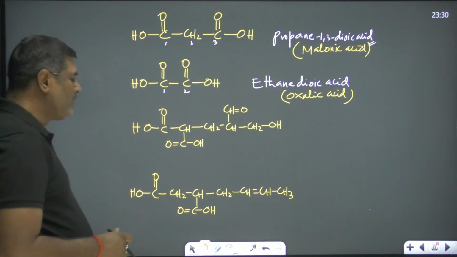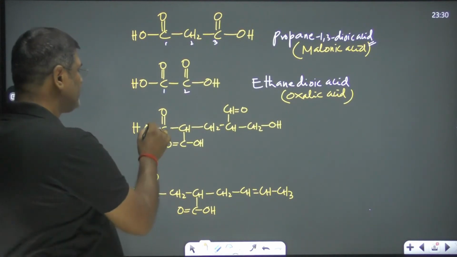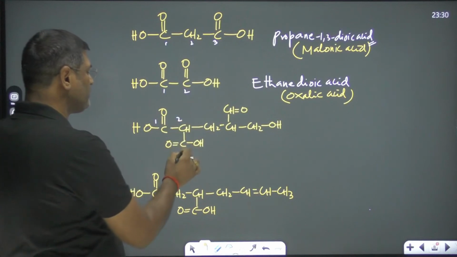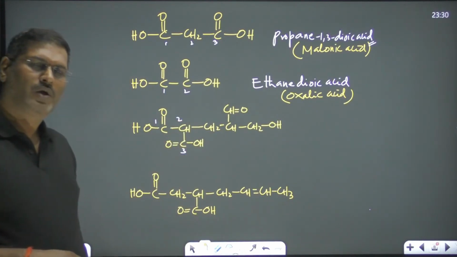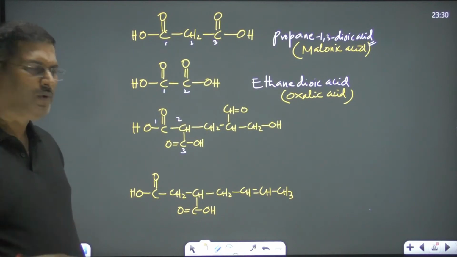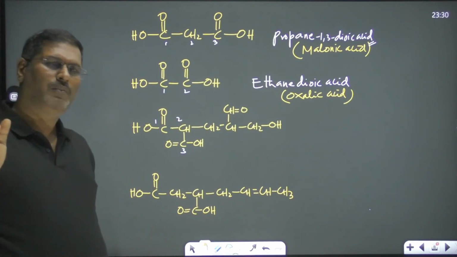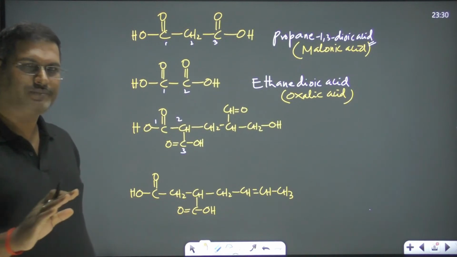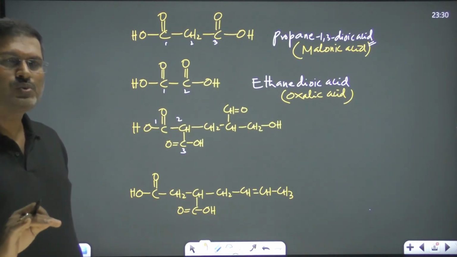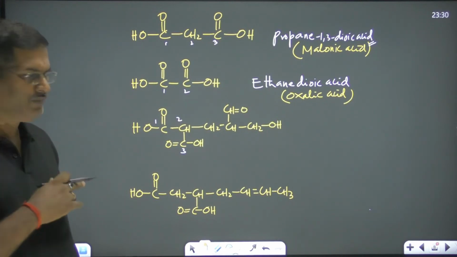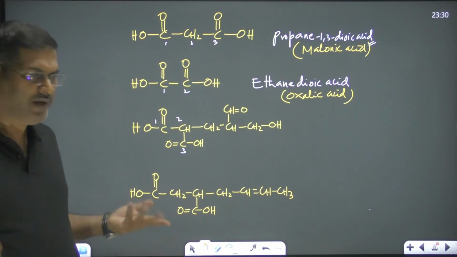Okay? So in this case, this one is 1, this one 2, and this one 3. Yes, less number of carbon atoms, no problem. No double bond, no triple bond, not more number of substituents, not a problem. As it includes the maximum number of similar functional groups, 2, that's fine.